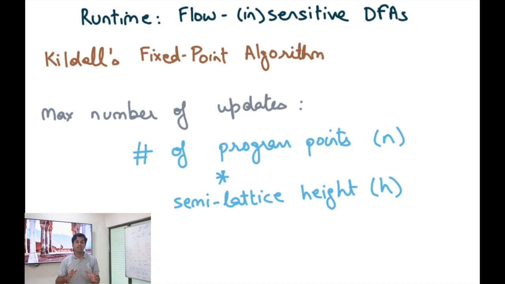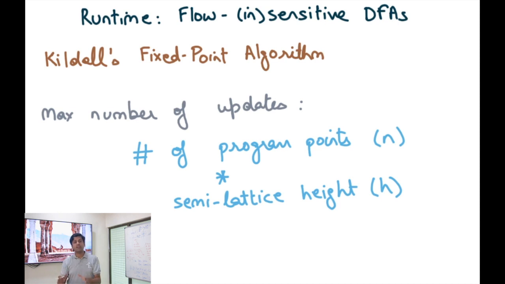However, because we have converted the program into SSA form, the semilattice height has actually become bigger for most DFAs, because the number of variables has become bigger. Recall, for many DFAs, the height is proportional to the number of statements or the number of variables, and both increase when we convert the program to SSA. In general, the number of updates is still proportional to the number of program points times the semilattice height of the original semilattice of the flow-sensitive DFA.